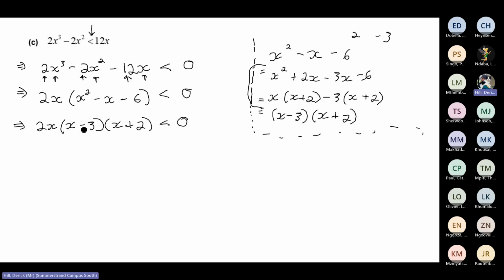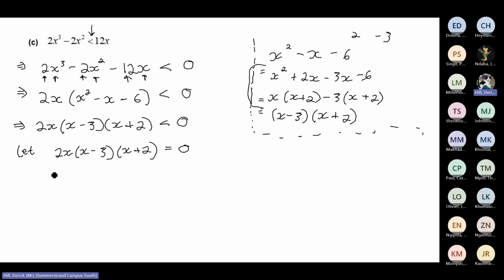So we are going to rewrite this over here, and we're going to say let 2x times x minus 3 times x plus 2 all equal 0. The big question is, when is that going to be less than 0? But to answer that, we're going to ask a smaller question, and we say, first of all, when is it going to be equal to 0?